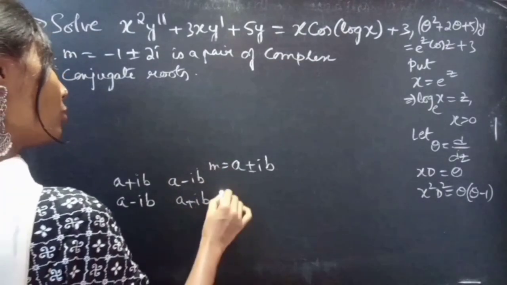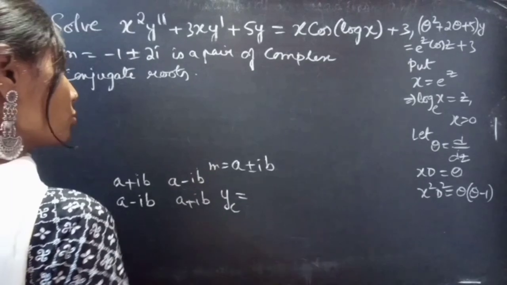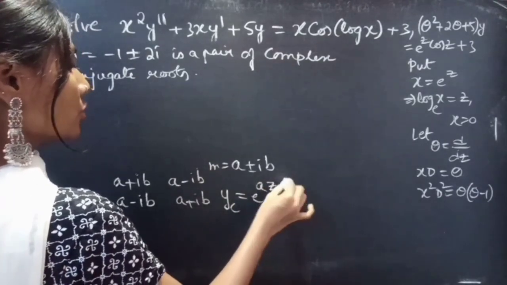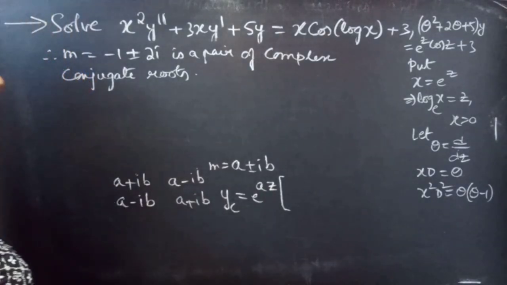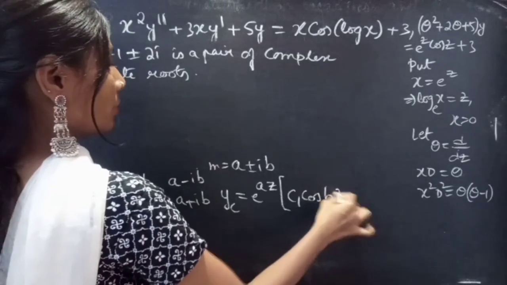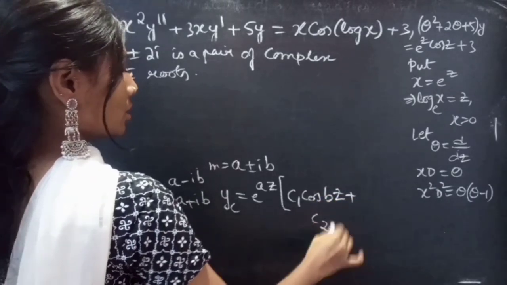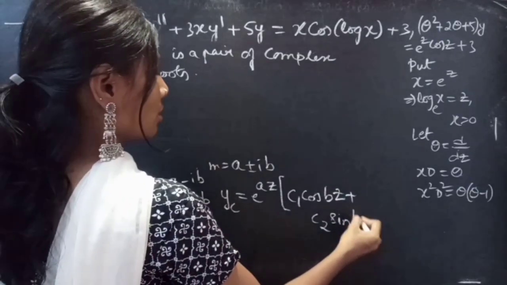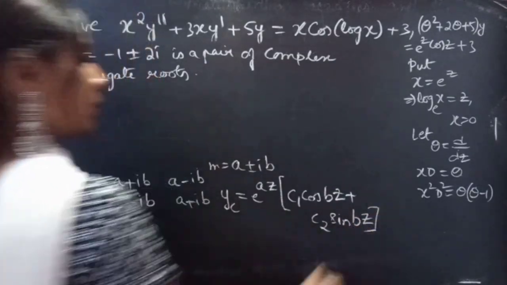When we have a pair of complex conjugate roots, yc looks like e power a into independent variable into one constant cos b into independent variable plus c2 sine, another constant, sine b into independent variable.